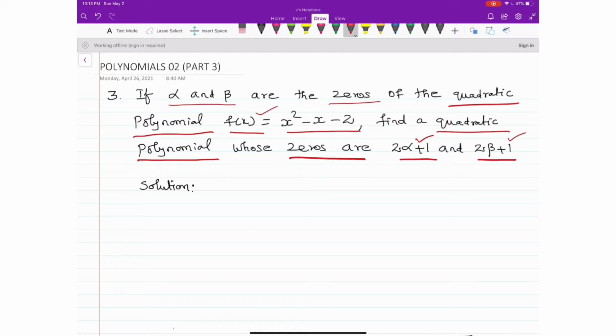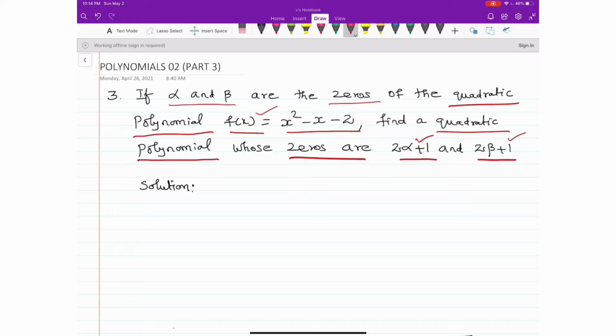When I substitute in the sum of the required polynomial as well as the product of the required polynomial, easily I can write the quadratic polynomial as g of x is equal to k into x squared minus sum of the zeros of the required polynomial into x plus product of the zeros of the required polynomial. So that will give me the final answer. So these are the steps involved in questions of this particular type.